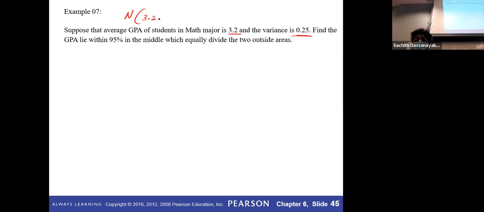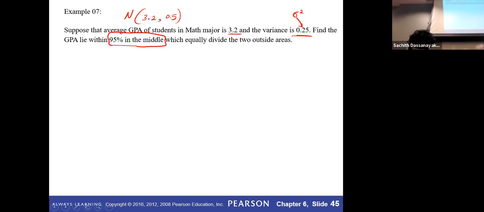So this is the mean, this is your variance, sigma squared, so sigma is 0.5. What I need to find is the GPA within this much in the middle, 95% in the middle.